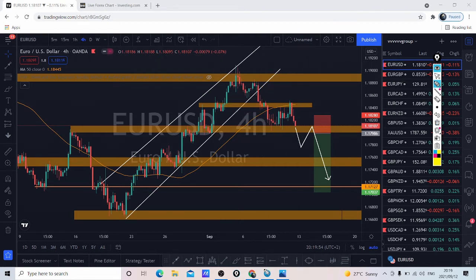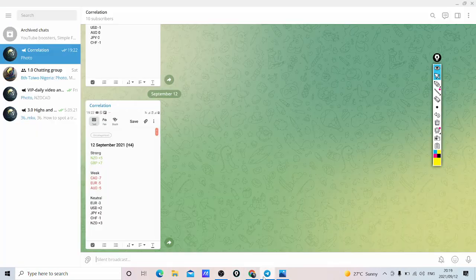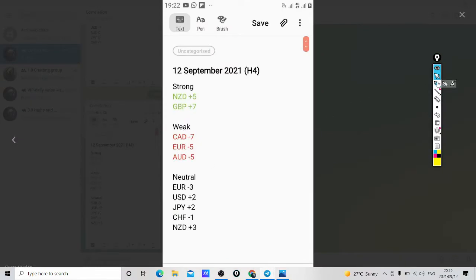And then the USD, remember what I've said: whenever you pair a neutral currency with a weak currency, the weak currency is going to take over. So we can pair a neutral one with a weak one. In this case, euro is selling while the US dollar is neutral, but it's neutral with +2, meaning that the US dollar is trying to go up just a little, and the euro is aggressively pushing to the downside.